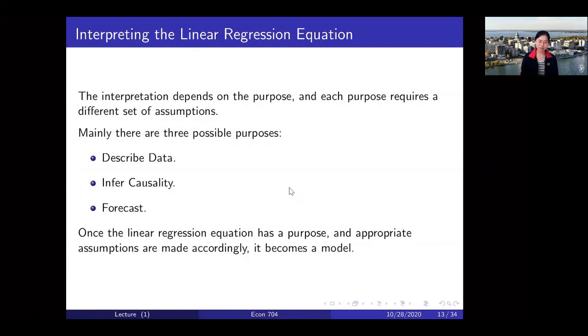the linear regression equation needs to have a purpose. So the interpretation of the equation depends on the purpose of the equation, the purpose that we have in mind when we write down that equation. That will determine the interpretation for the quantities in that equation.